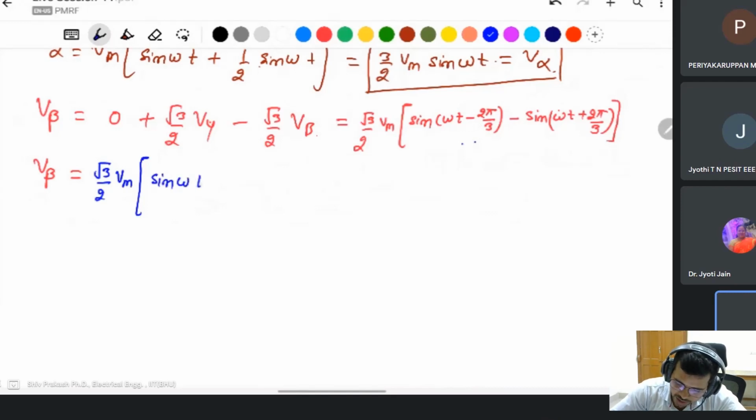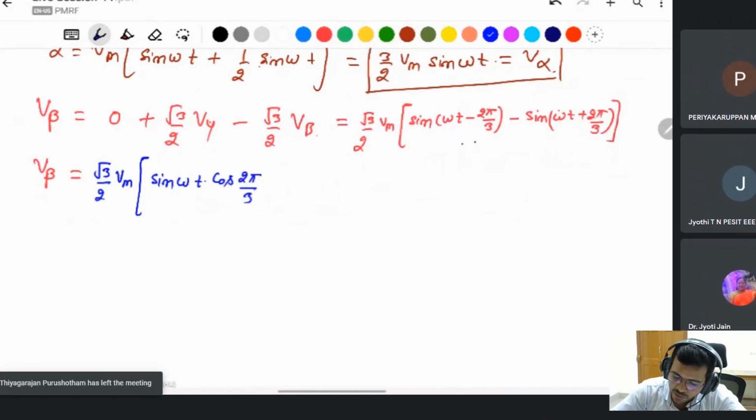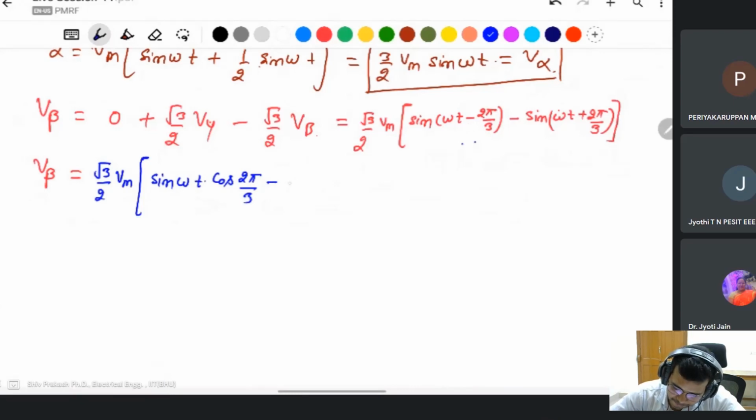Sin omega t into cos 2 pi by 3. This will be negative, as there is a negative in the sine formula. Then cos omega t into sin 2 pi by 3.